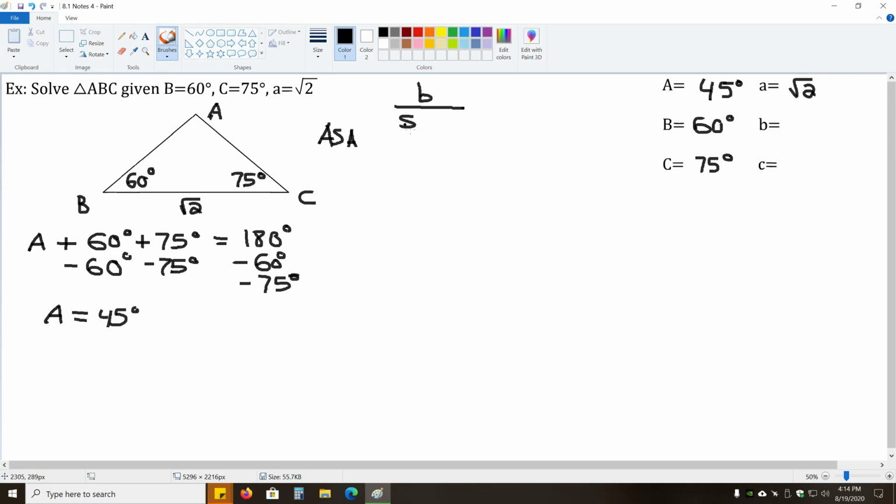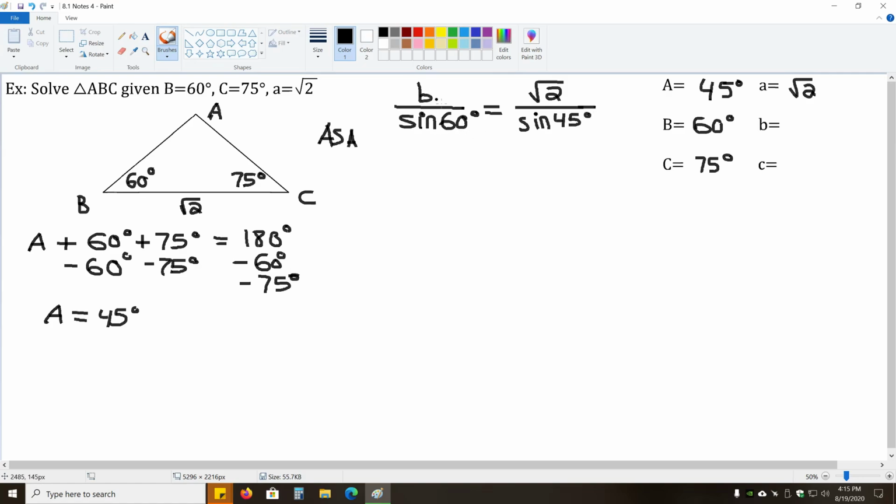B over sine of angle B, which is 60 degrees, equals, we can't use C because C is unknown, so we'll use A, which is the square root of 2 over sine of A, which is sine of 45 degrees.